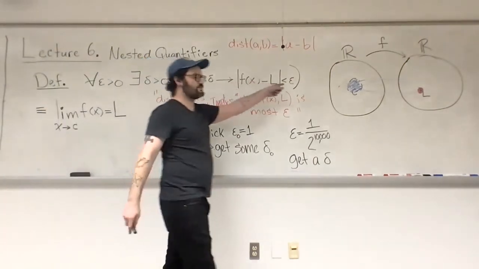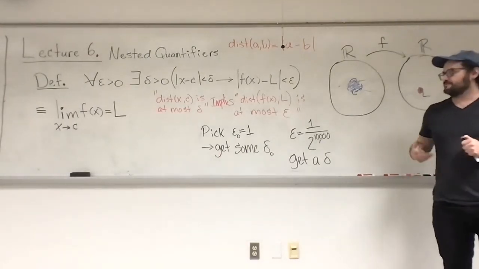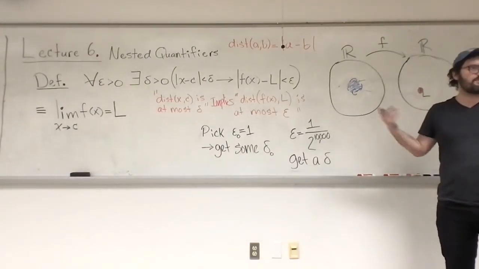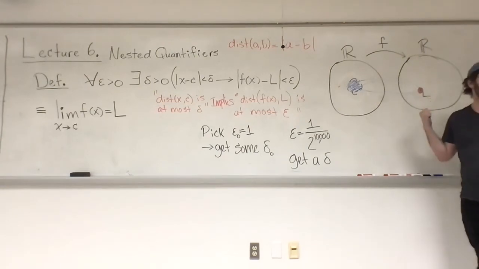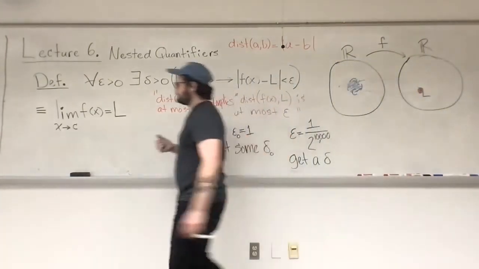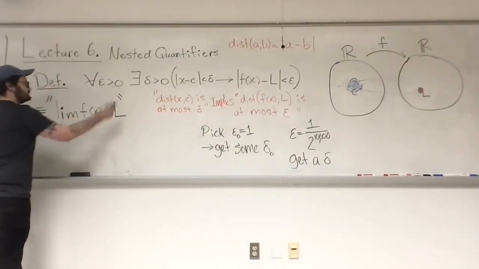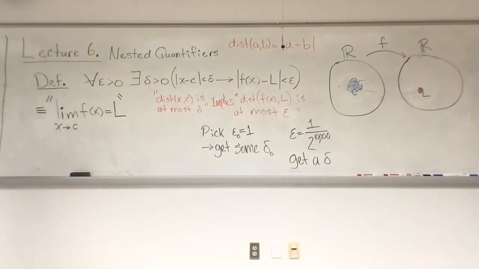If this is always true, a tautology for any choice of epsilon, that's what mathematicians came up with to describe this idea, right? Again, this is logically equivalent to this statement, right? If this is true, then that's true. If that's always true, then that's true. They're equivalent, right?